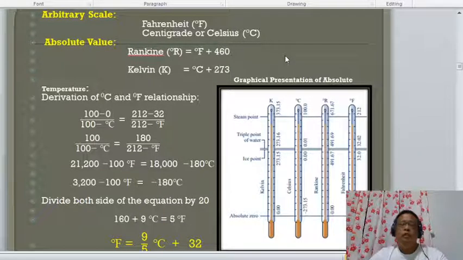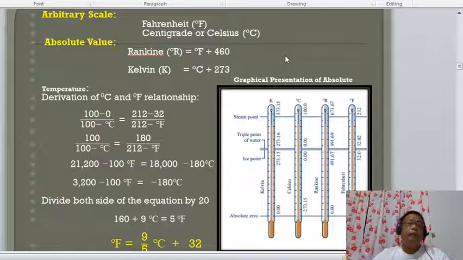Of course, simple. If you already have a value of temperature in the Fahrenheit scale, you just add 460, while for the Kelvin scale, if you already have the Celsius scale, you just add 273, or to be exact, 273.15.